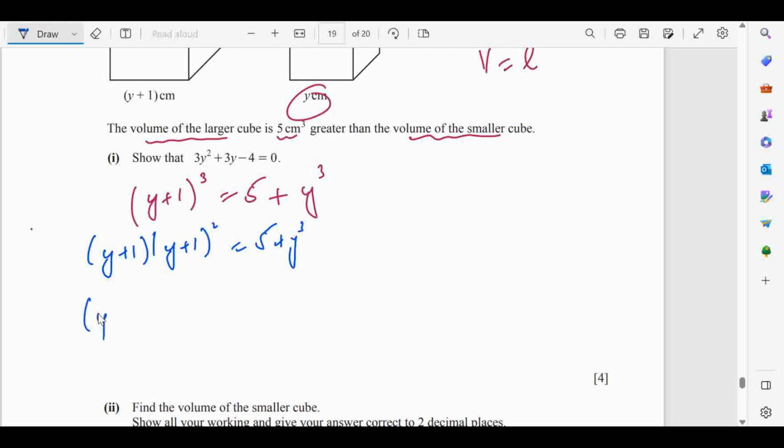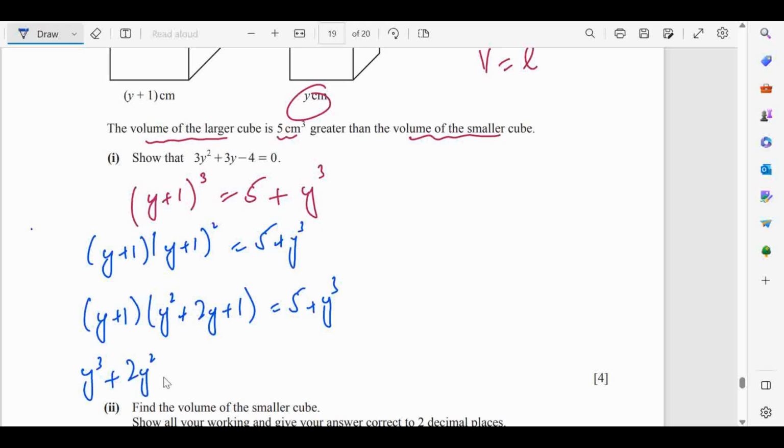Then we can write it as (y plus 1) into (a square plus 2ab plus b square), and if we multiply it further, this will be y cube plus 2y square plus y square plus 2y plus 1 is equal to 5 plus y cube.